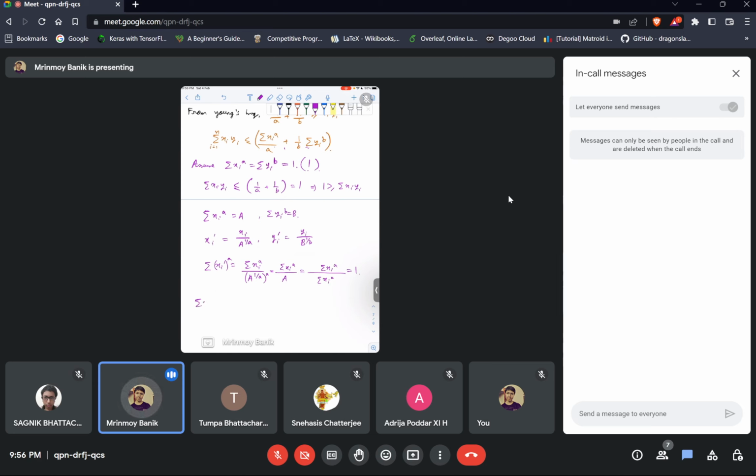So now we can say the sum of xi dash yi dash is less than or equal to 1 from the star.